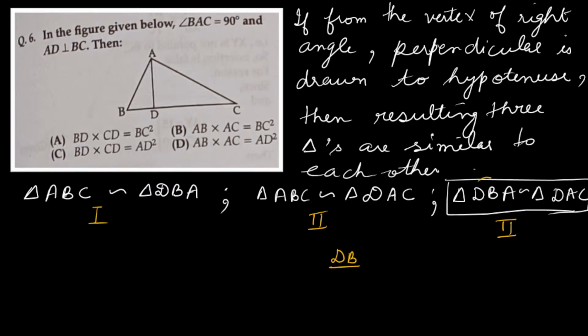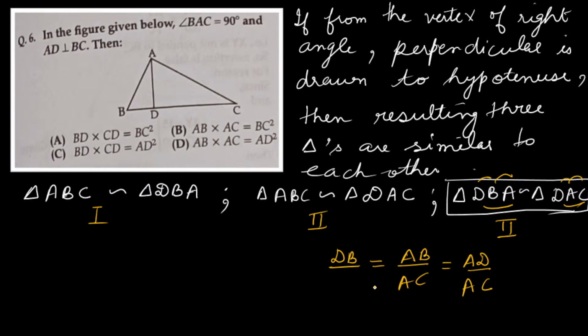DB's corresponding side is DA. So DB by DA equals AB by AC, and this equals AD by AC. Okay, so DA means AD only.